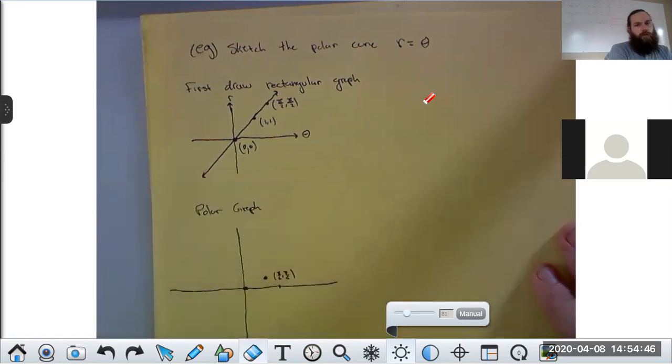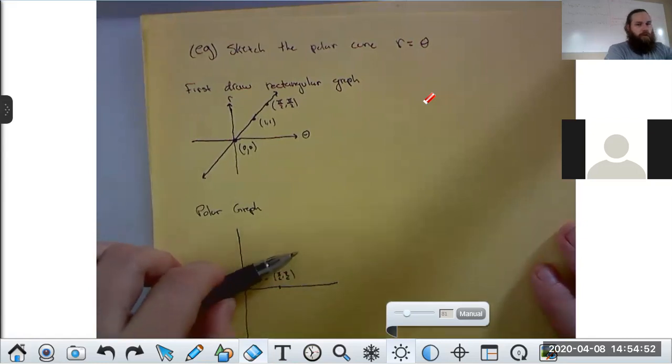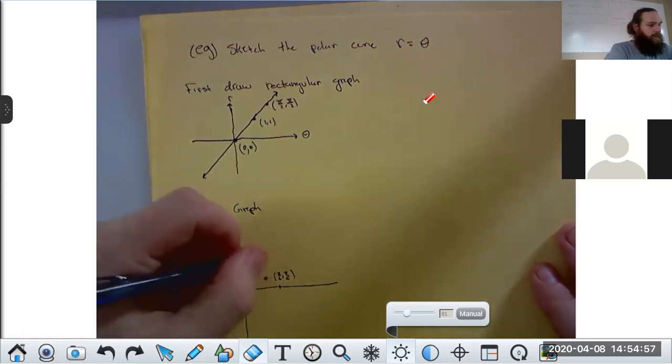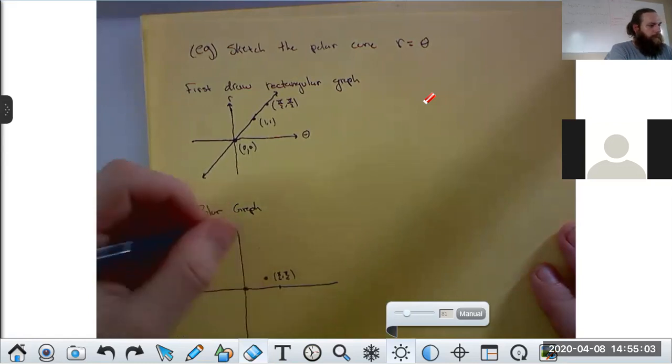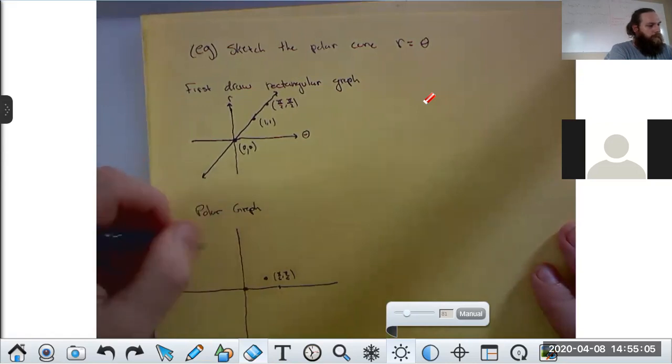And I'm writing those labels real small because I know it's going to happen. As theta then continues to increase from pi over 6 to pi over 4, r will continue to increase. So pi over 4, comma, pi over 4, pi over 3, comma, pi over 3, pi over 2, comma, pi over 2.